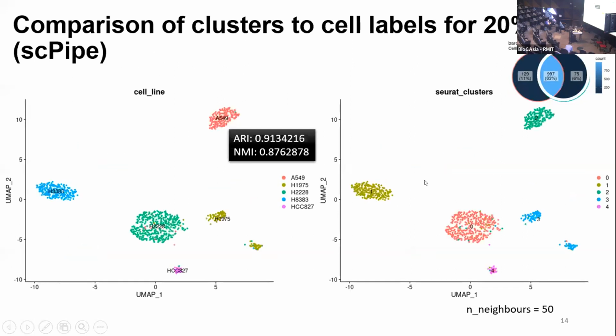Now again, we are looking at the scPipe results. scPipe can clearly separate the clusters out, and that is reflected by the higher ARI and NMI as well.